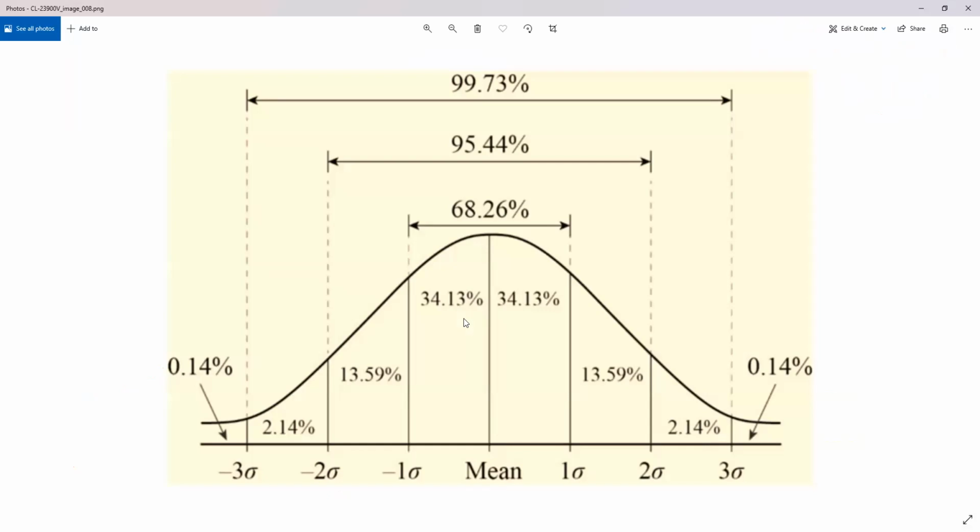I can tell that same point in another way. 68% of the population will fall under one standard deviation difference from the mean, positive or negative.